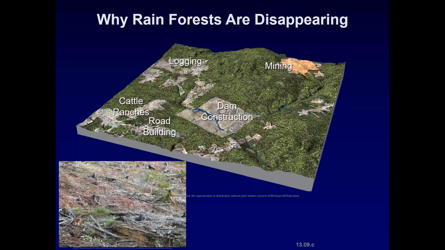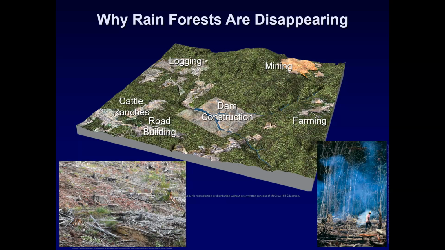Construction of a dam can be important for hydroelectric power and water resources, but it also destroys the areas because you've just changed the way the land looks. And then just farming. If you clear the forest for farming, you're losing the forest.